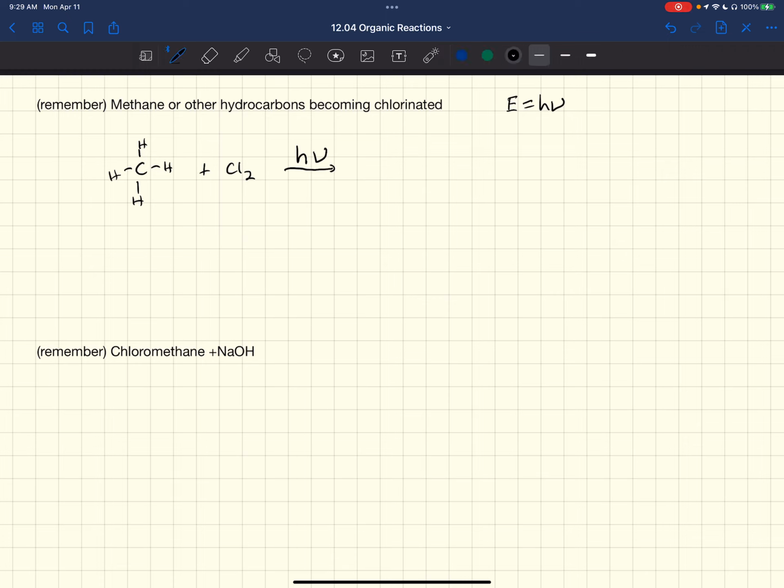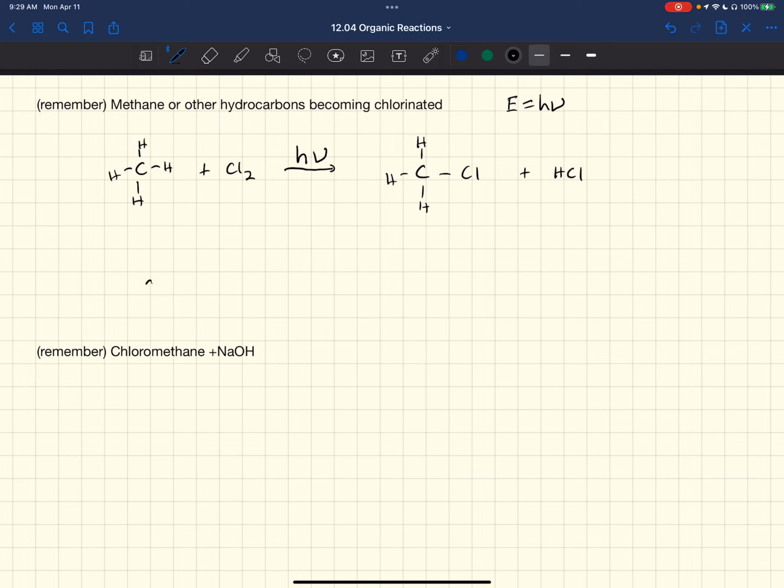And when that happens, through something that we're not going to learn the mechanism for, you get a substitution where one of the chlorines substitutes one of the hydrogens. My other product is HCl, but we don't really care too much about that.